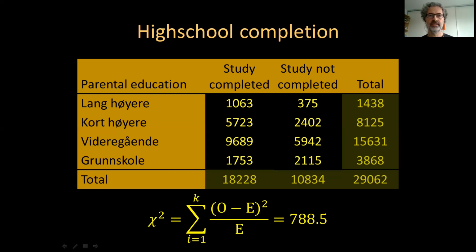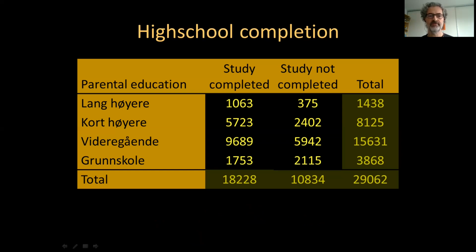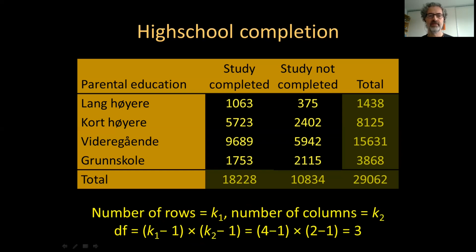The number of degrees of freedom for checking this probability will be derived by considering the number of categories in each direction. So going down the columns, there are 4 categories, 4 different rows in each column. This means we have 3 degrees of freedom over the 4 rows.